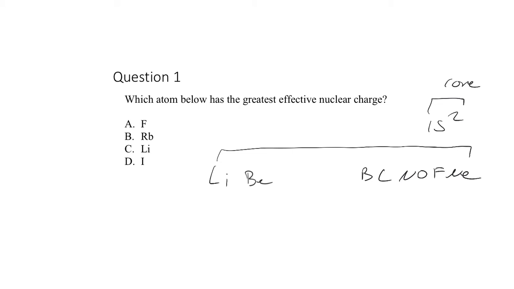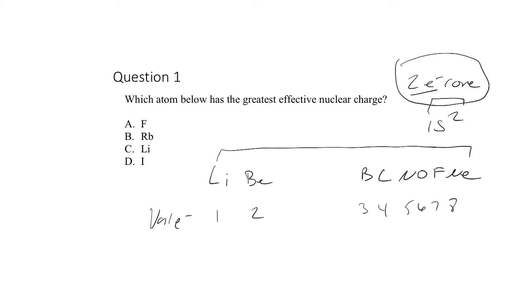And then the next 1 through 8 electrons for these atoms are valence electrons. So the valence electron count goes from 1 to 2, 3, 4, 5, 6, 7, 8 onward to neon. They all share this 2 electron core, and really only these 2 electrons can screen the effective charge from the atoms.